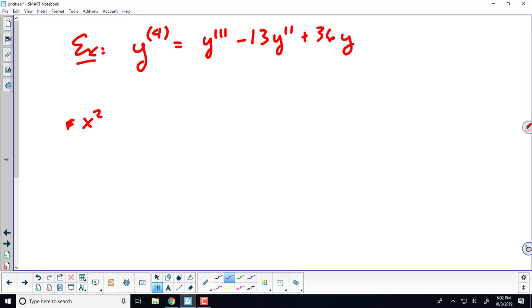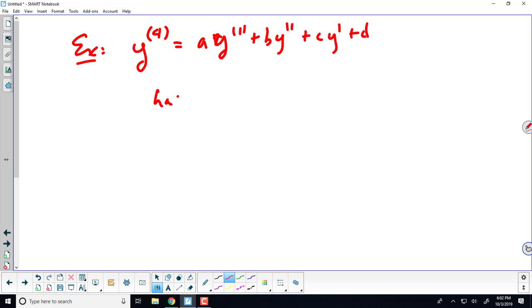So the point being is let's just suppose this is y triple prime plus b y double prime plus c y prime plus d, and it has roots.